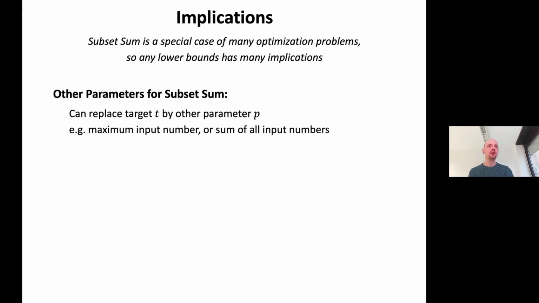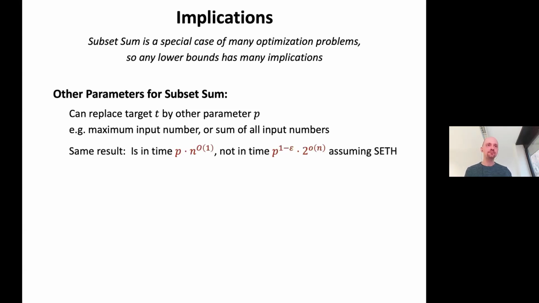The maximum input number certainly is at most t, because we can ignore all input numbers that are larger than the target. And a target can be at most n times the maximum input number, because otherwise we certainly cannot reach the target. So the maximum input number and the target differ at most by a factor n. And for any parameter p that is polynomially related to the target, we obviously get the same result.